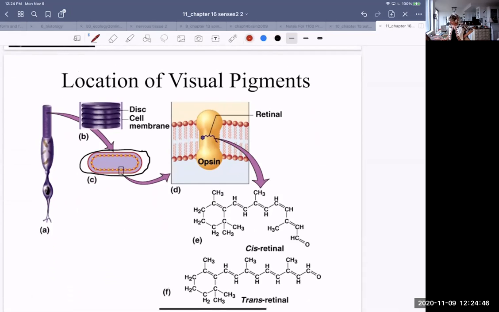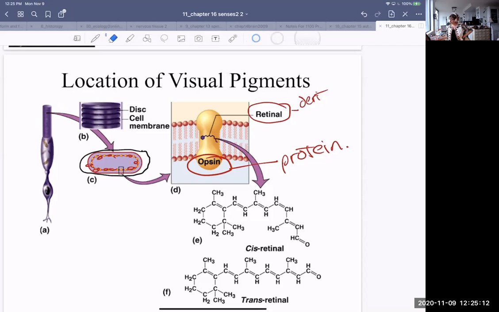And the yellow bits all around are pigments. In this case, the pigment is a combination of a protein called opsin and a molecule called retinal, which is a derivative of vitamin A.